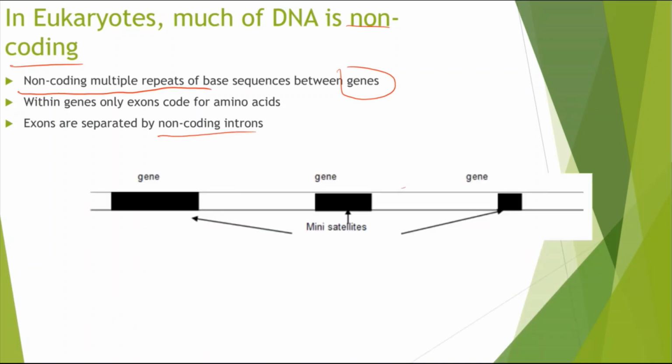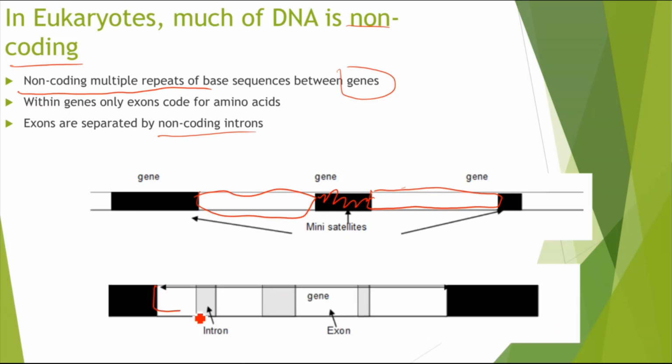Again, we have the genes in there, the genes being the white ones, and between the genes we have those black bits, which are the non-coding multiple repeats, or the minisatellites, and they do not code for anything. So these are between the genes. And then inside the gene, we have these grey bits.